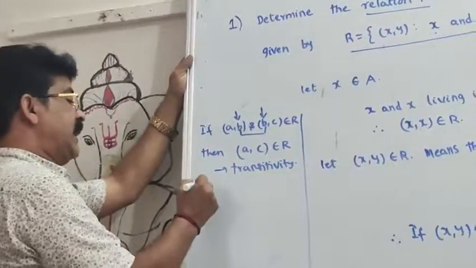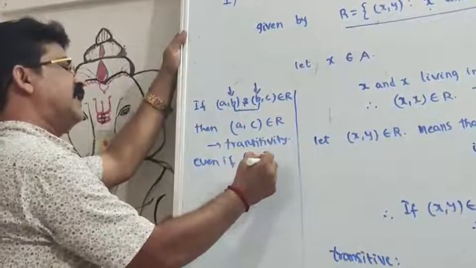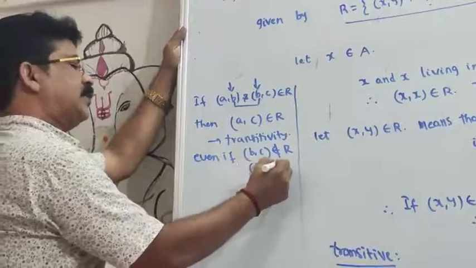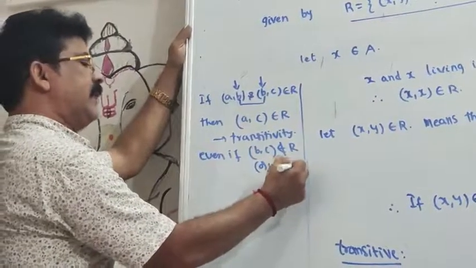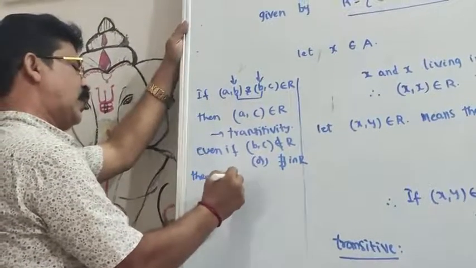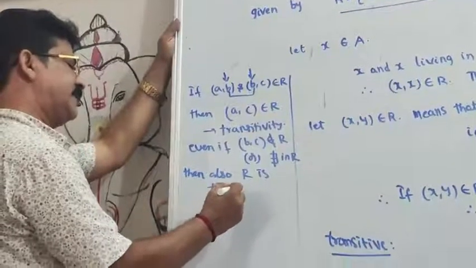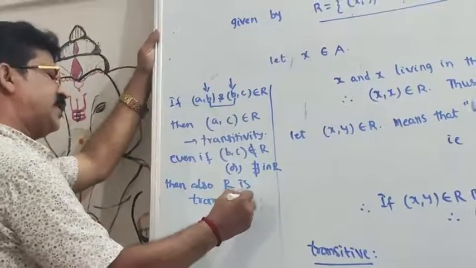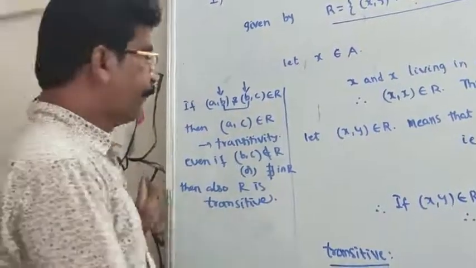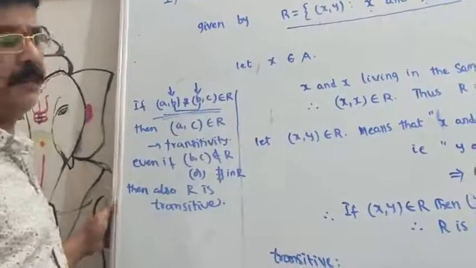Even if B comma C does not exist in capital R, then also capital R is transitive. This is the complete definition of transitive.